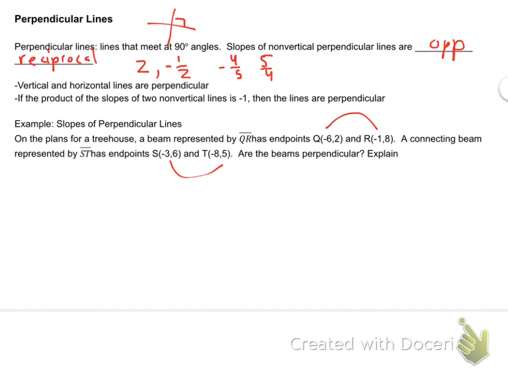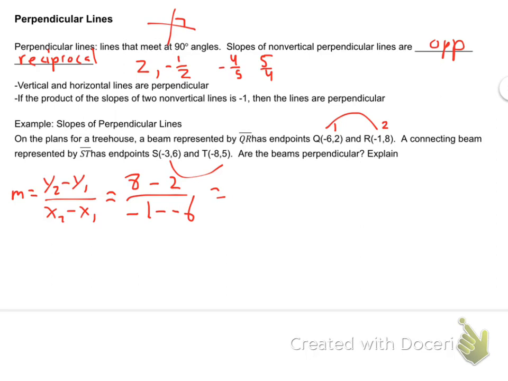So here we go. If we're going to do this, that means we need to find slope. So I will write down that slope formula again, of course. And to make this a little easier for me, I'm going to call that 1.1 and that 1.2. And that's the ones I'm going to use. So 8 minus 2 over -1 minus a -6.